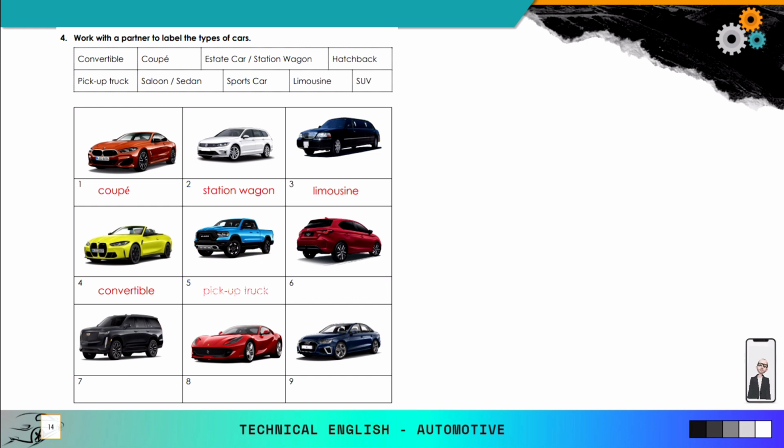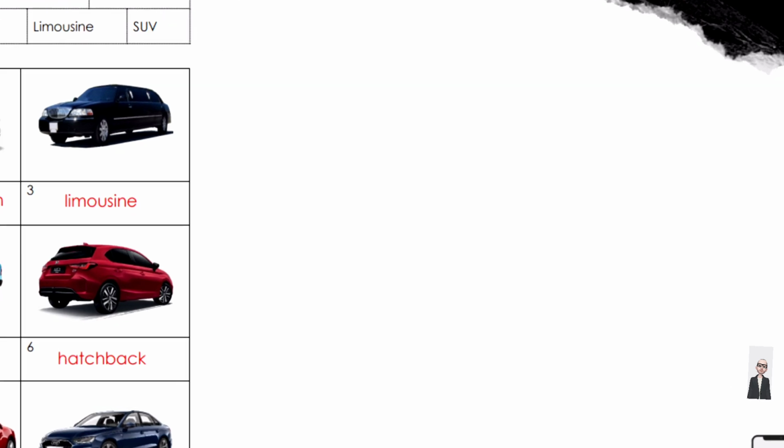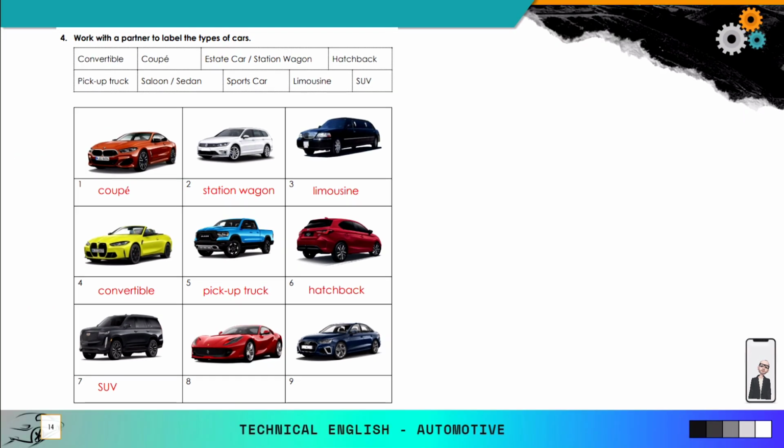Number five is a pickup truck. Number six will be the hatchback, smaller cars. Number seven is an SUV, a sports utility vehicle. Number eight, this beautiful Ferrari is a sports car.